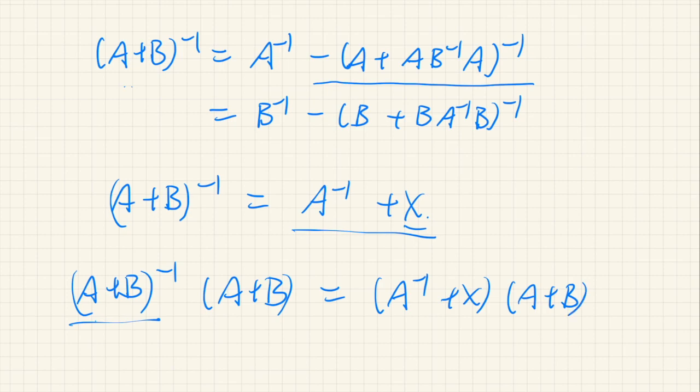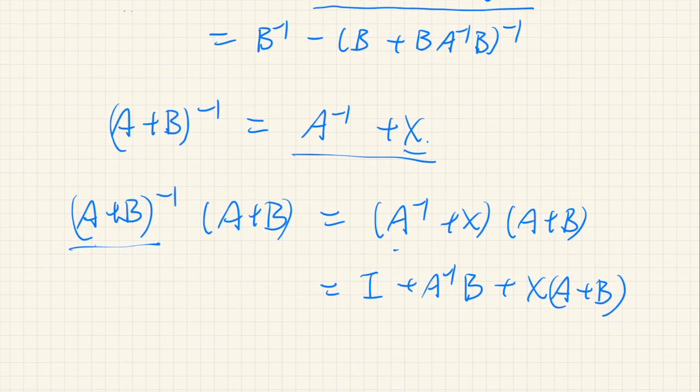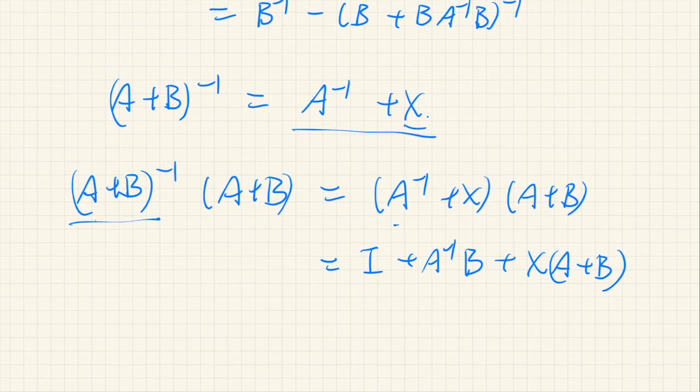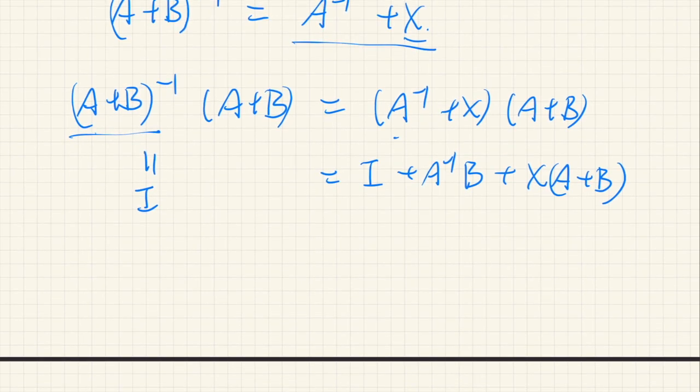The left-hand side is the identity matrix, so I is equal to I plus A inverse B plus X (A plus B).